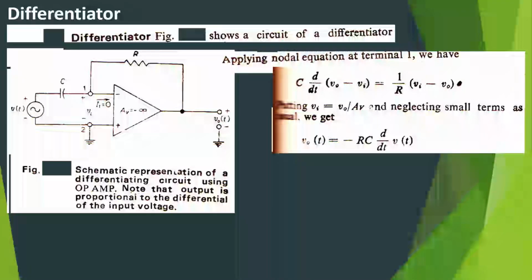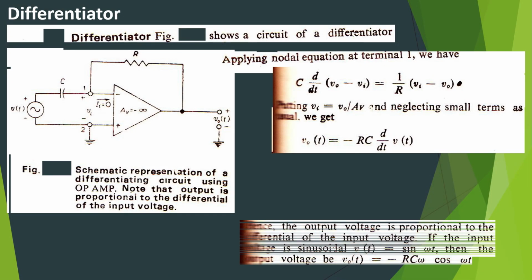Applying nodal equation at terminal 1, we have C d by dt of (V0 minus Vi), that is equal to 1 by R into (Vi minus V0). But Vi equal to V0 by AV, and neglecting the small terms, we get V0 of t equal to minus RC d by dt of V of t.